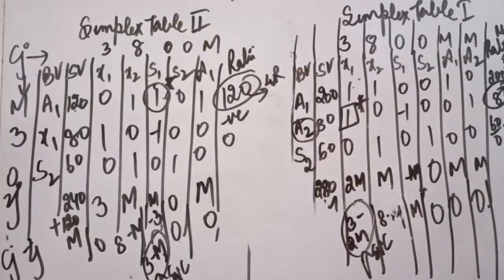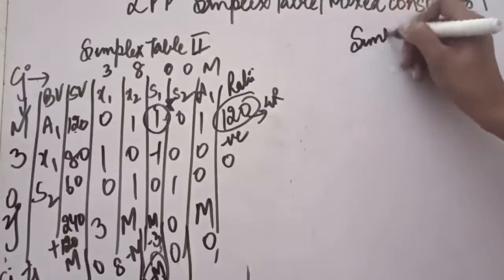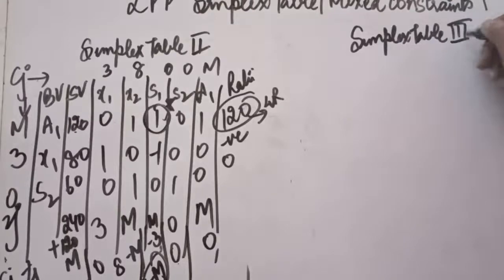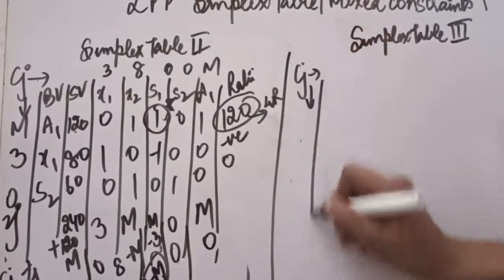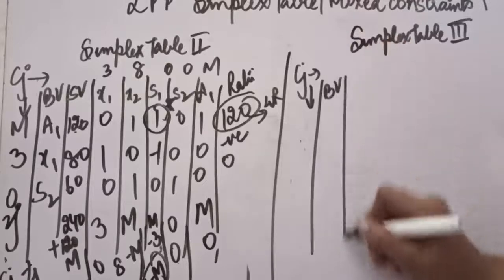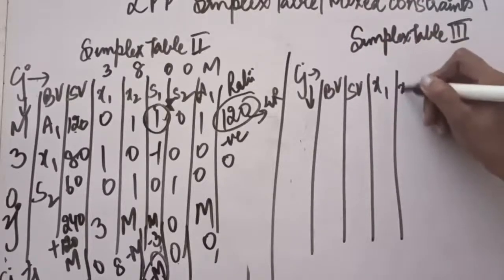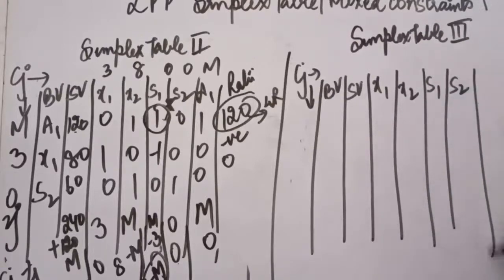So again we have to move on to the third table. Now let us make our simplex table number 3. Again it will be created with the same columns: Cj, basic value, solution value, x1, x2, s1, s2, and what was leaving?